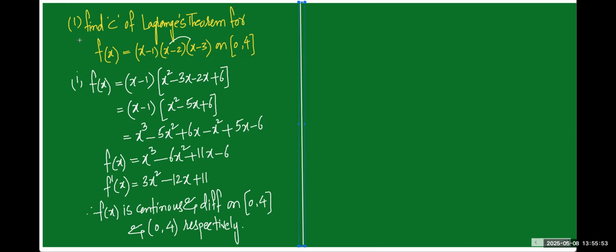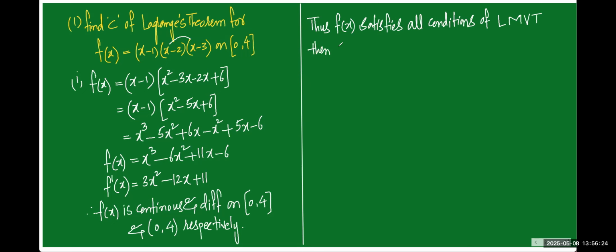Therefore, f of x satisfies all conditions of Lagrange's mean value theorem, then there exists a point C belonging to A comma B such that, what's the formula?